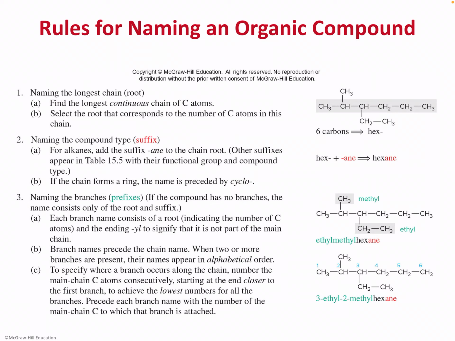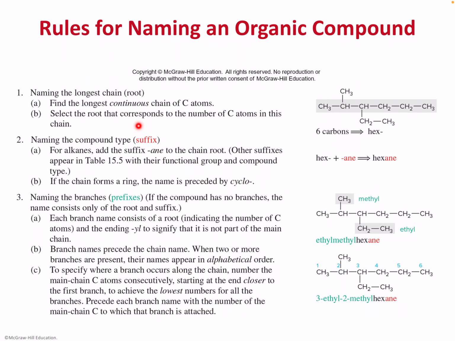Rules for naming an organic compound. First thing is we choose the longest chain, longest continuous chain. So 1, 2, 3, 4, 5, 6. Okay, so that's the longest one. Find the longest continuous chain of the carbon atoms. Select the root that corresponds to the number of carbon atoms in this chain.